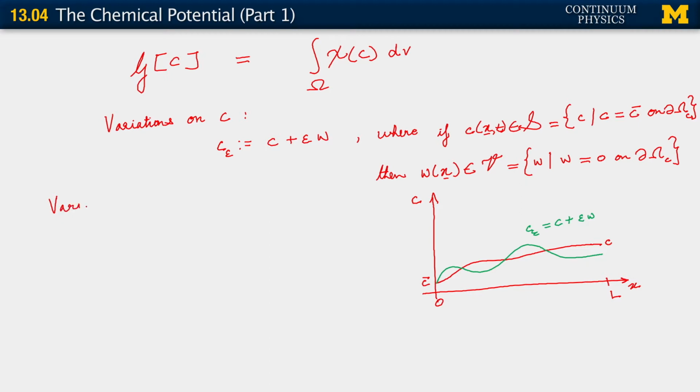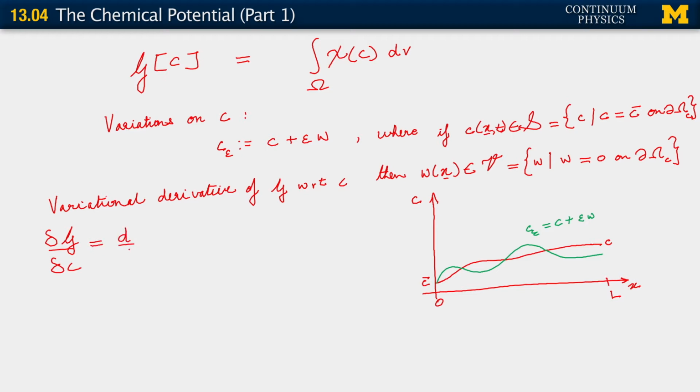And then we say we want to consider the variational derivative of G with respect to this field C. Okay, that variational derivative is written as this, which is just our notation.